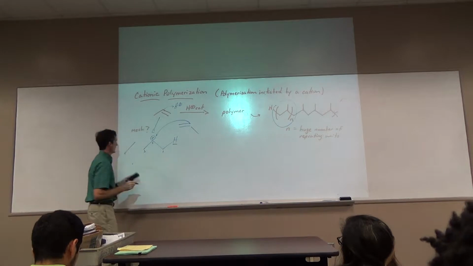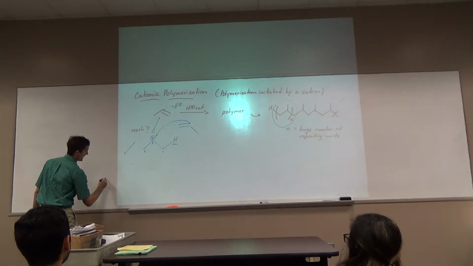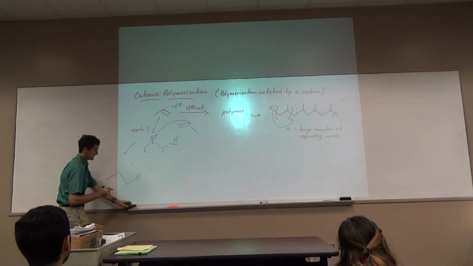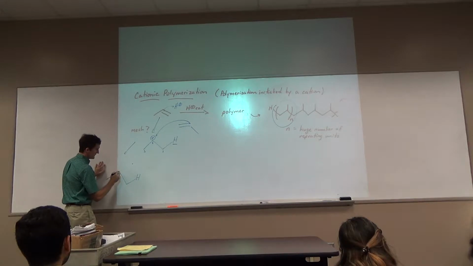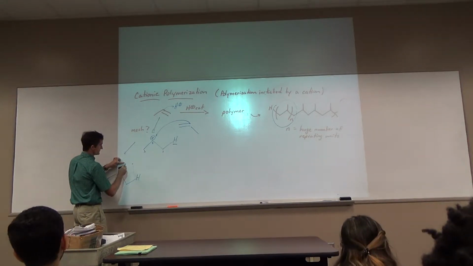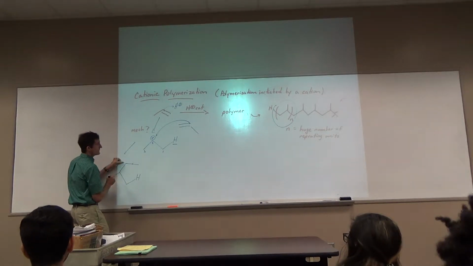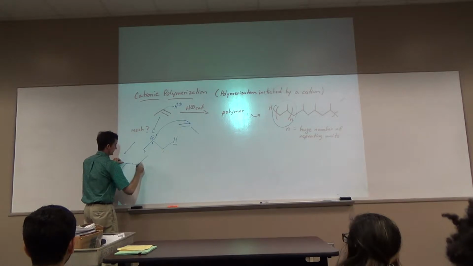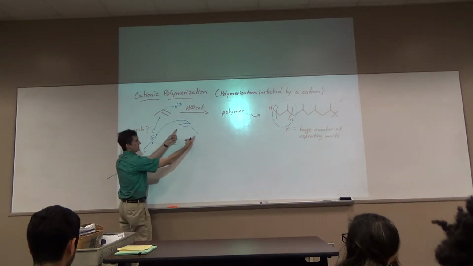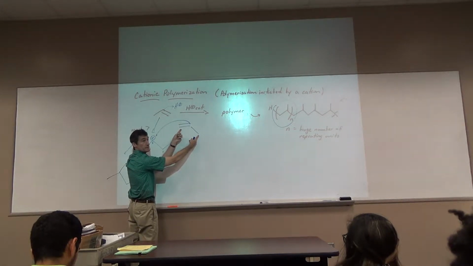Let me draw over here and maybe number it. What does this give? Boom, boom, boom, H. Now something's bonded to this here. We have a carbon. A 3-carbon unit and a 3-carbon unit. The result should be a 6-carbon unit, right?